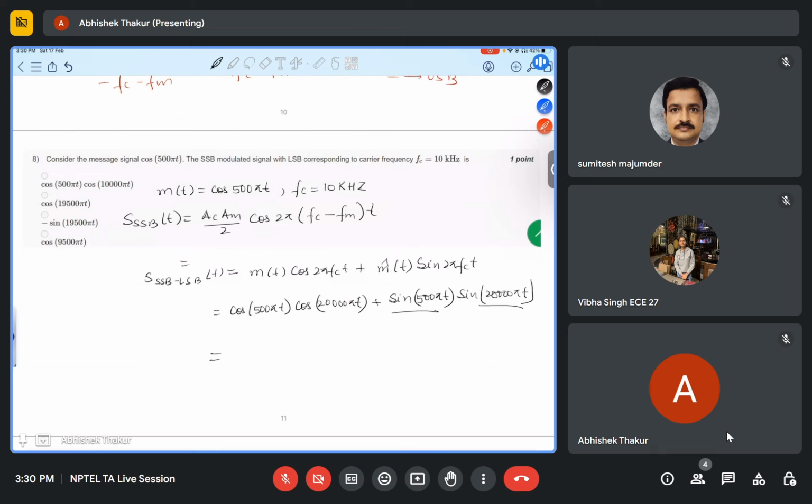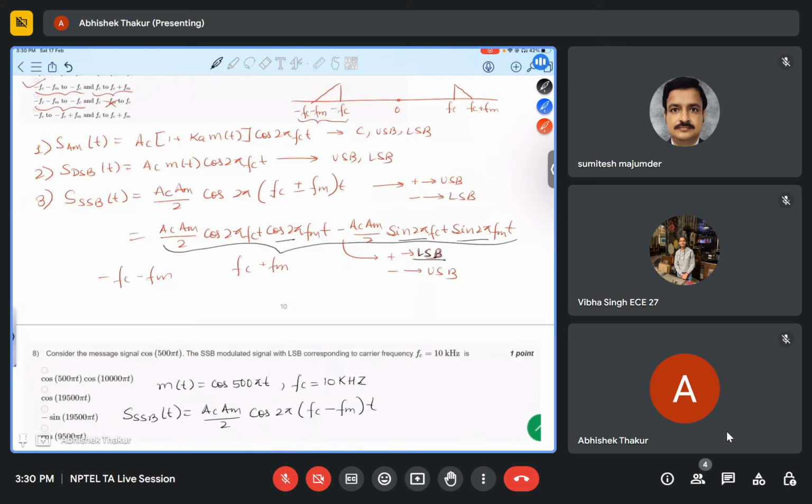So this equation will be cos of 20,000 pi t minus 500 pi t. We can write like this, and also here you can see cos of 2 pi (fc minus fm) t.